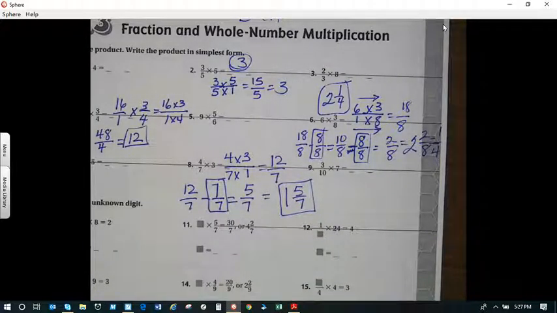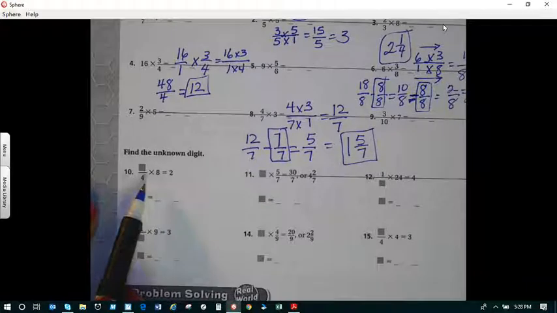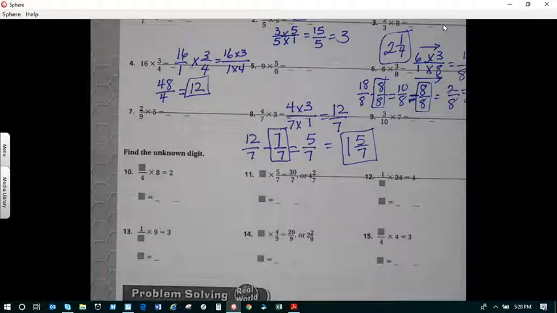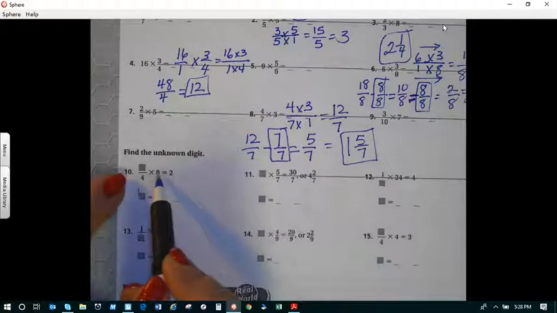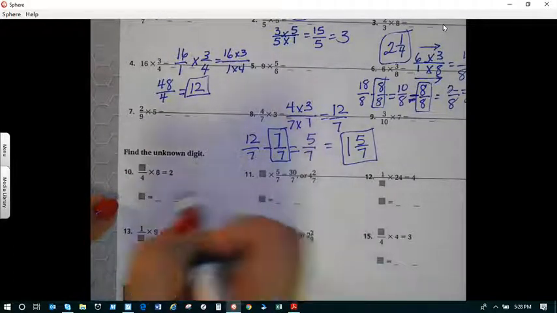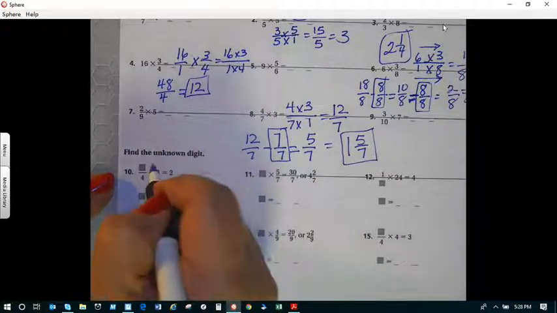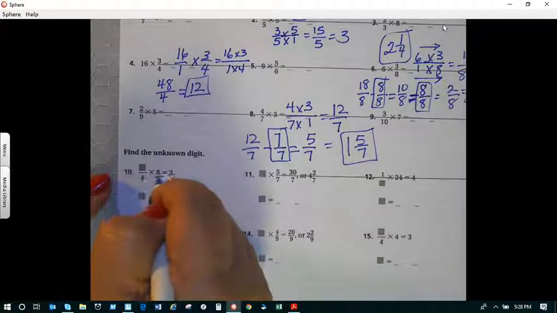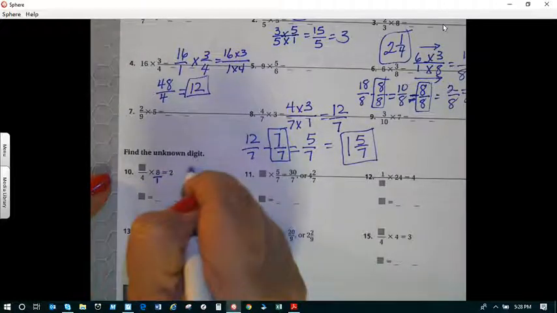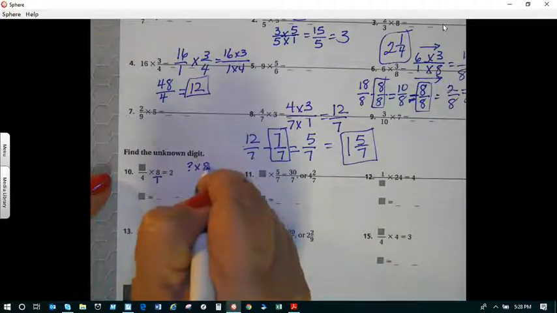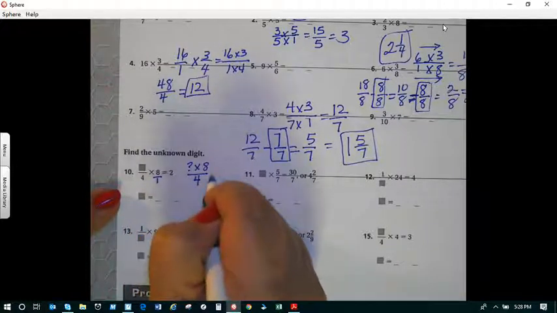All right, now let's look over at number 10. We needed to find the unknown digit. Something times 8 over 4 equals 2.